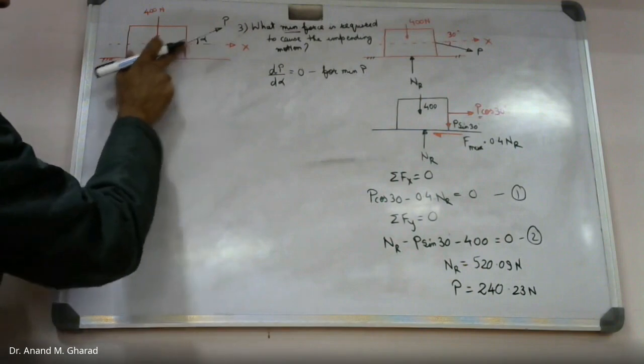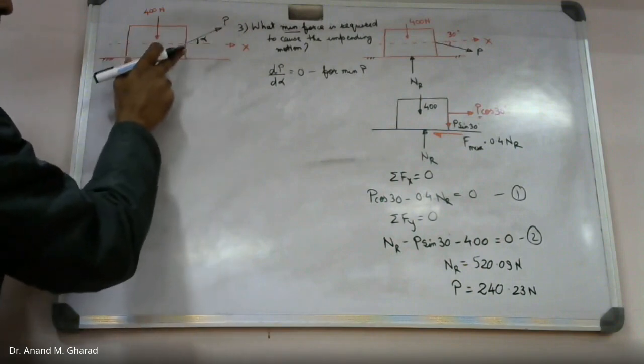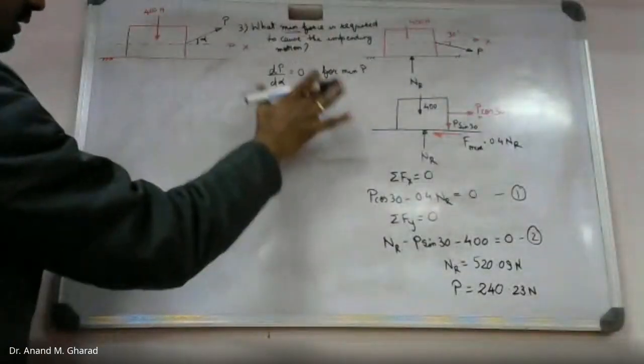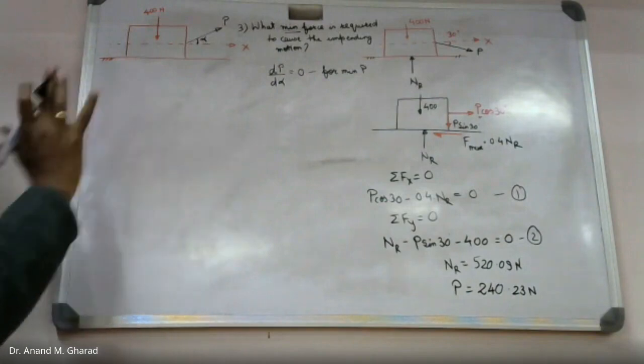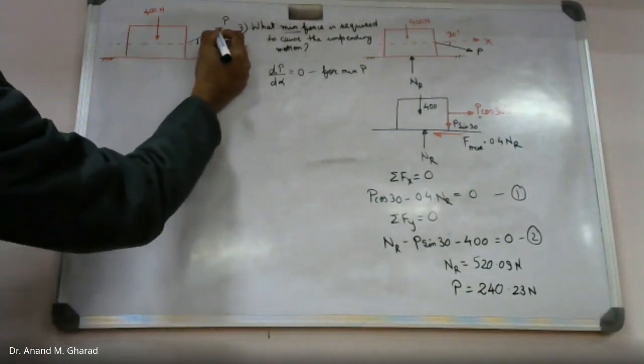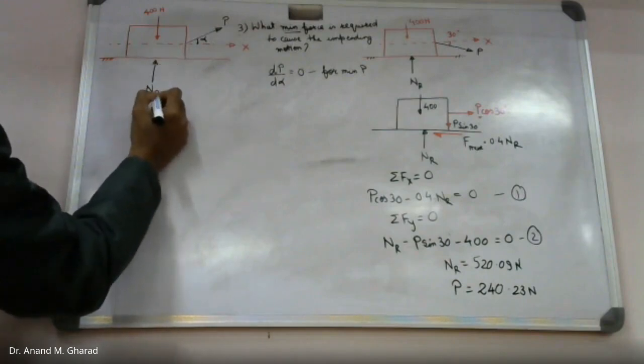So initially I will be assuming the direction of force to be in this manner. I don't know whether it is correct. It will be found out after the final calculations. Okay. So let me assume the direction of this P to be like this. NR will be like this.